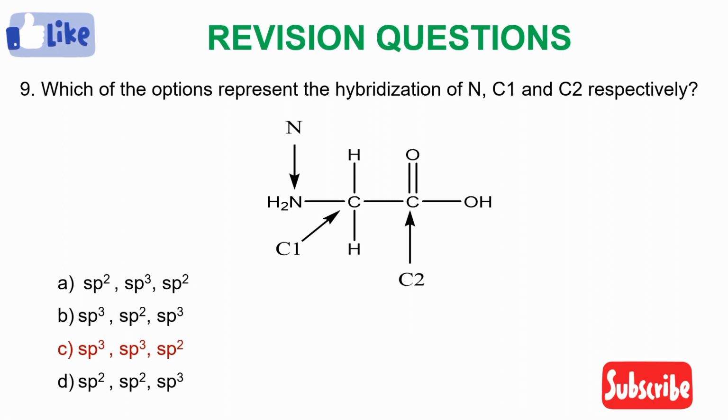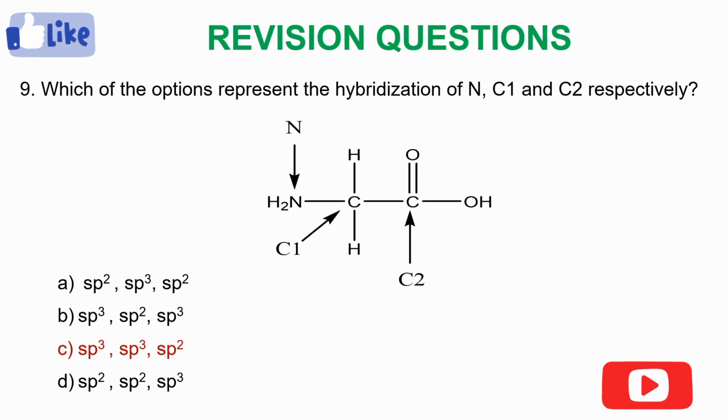Which of the options represent the hybridization of nitrogen, carbon 1 and carbon 2 respectively? When you see this question, remember, respectively means that nitrogen first before carbon 1 and carbon 2. You have to understand the question before you answer.